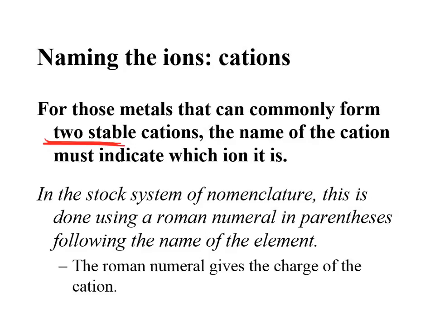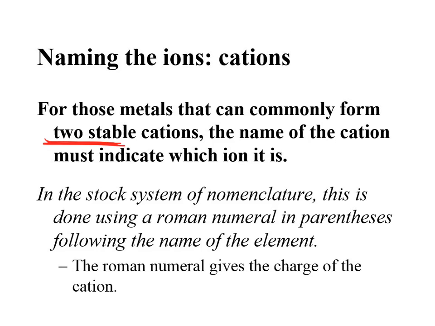Any metal that's not 1A, 2A, 3A, nor silver, zinc, or cadmium can form more than one stable cation.